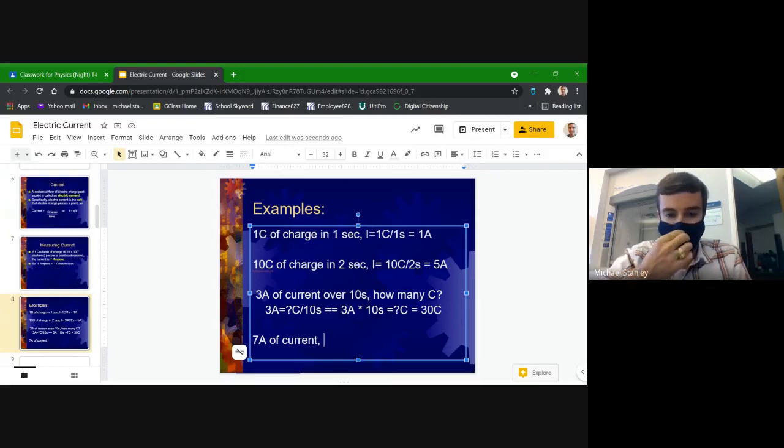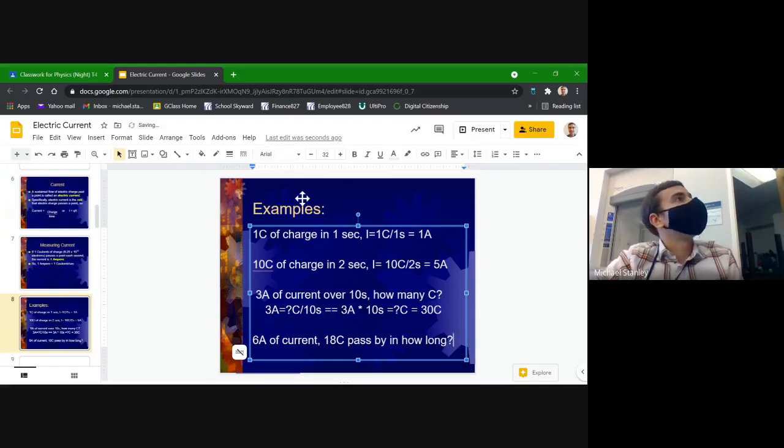Hold on, I'm trying to think of a good number that'll be easy to deal with. Actually, 7 is not good. We'll do 6. 6 is better. All right. So I have 6 amps of current. And over some unknown amount of time, 18 coulombs passed by, and we want to know how long does that take to happen.